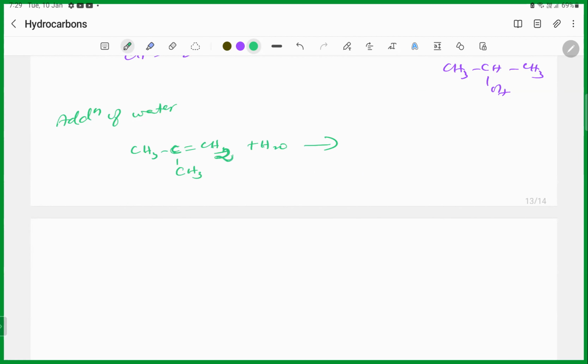Look here, this carbon doesn't have hydrogen, but this carbon has two hydrogens. So the third hydrogen will go here, and it will give (CH3)3COH. Because when the positive part goes here, it will generate a tertiary carbocation, and the tertiary carbocation is more stable than the secondary one. That's the reason why addition takes place this way.